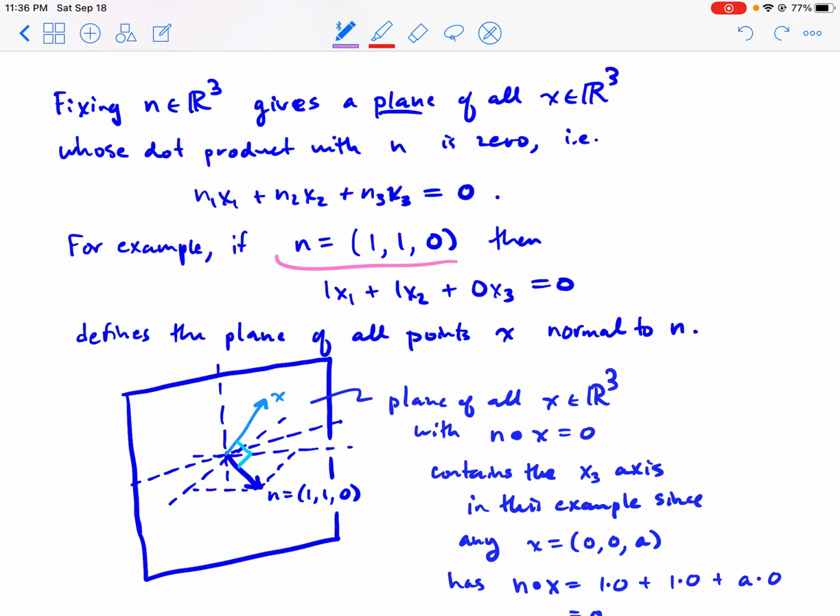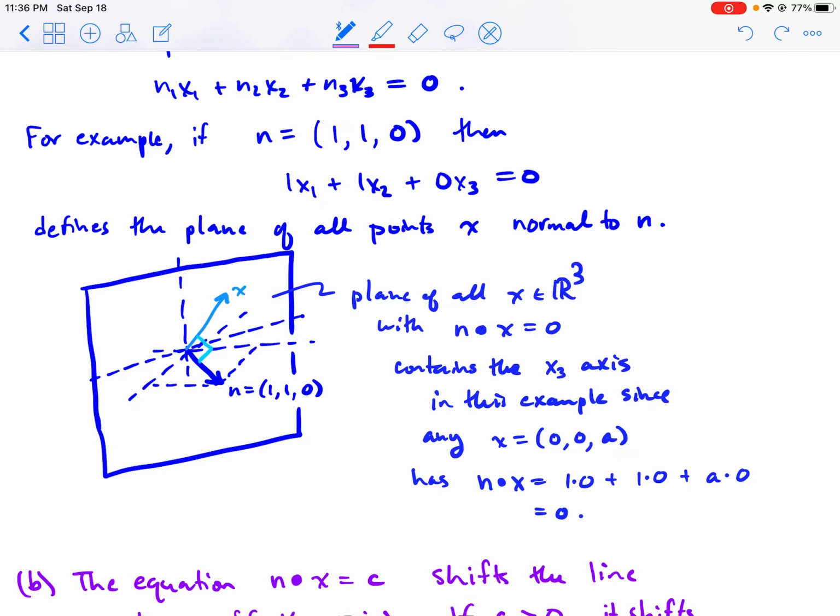For example, if n is this vector, then I get this explicit equation in the x's. It defines a plane of all the x's that are normal to that vector. I drew a picture of this, and I drew one of the x's at a right angle, and said, this is the plane of all the x's.